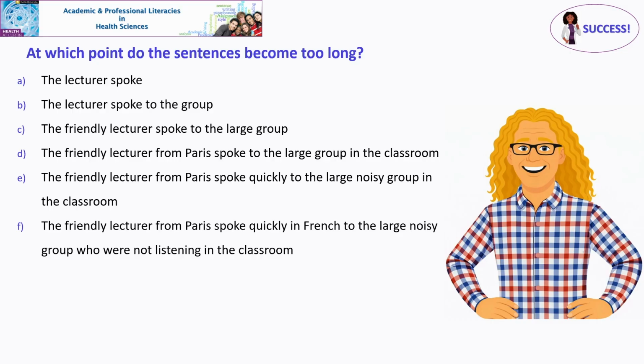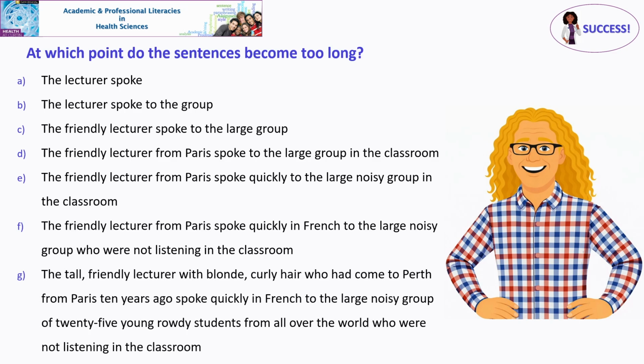The friendly lecturer from Paris spoke quickly in French to the large, noisy group who were not listening in the classroom. Okay, now, again, we're adding more and more information to this basic structure. And yeah, it's still quite simple to comprehend, but perhaps we're starting to add a bit too much information.